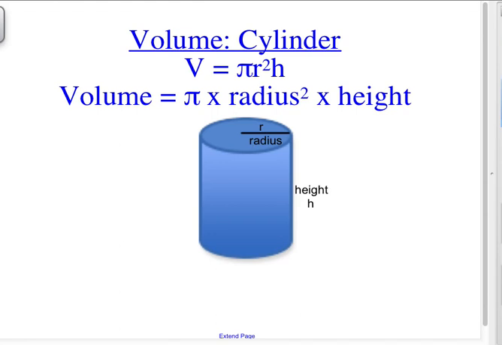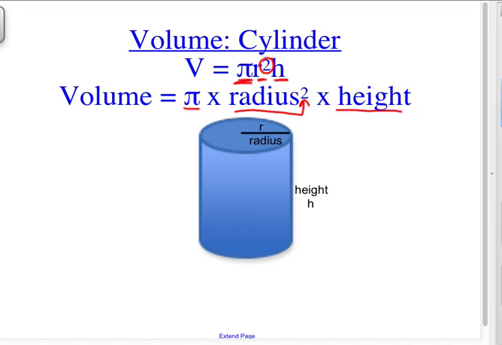The volume of a cylinder is equal to pi, there's our friend pi again, times r, which means radius, to the second power, then times h, which is the height of the cylinder. So, spelled out in words down below, volume equals pi times radius to the second power times the height of the cylinder.